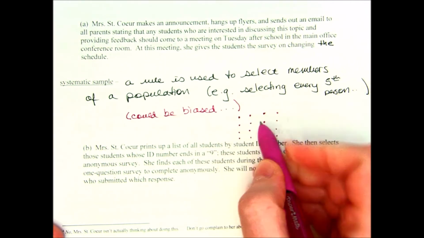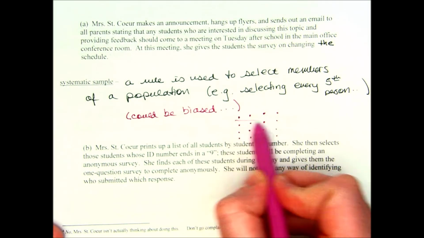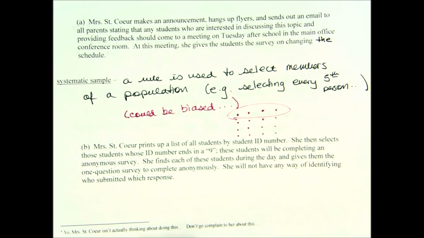And let's say I ask the people who got a number 1 to give me their opinion. Well, that would mean I'm only picking those people who end up sitting on the front row, which is not going to be a very representative answer based on what the entire class might think, because they get a different perspective compared to other people in the class. So a systematic sample could still be biased. There could be some hidden pattern included in there.